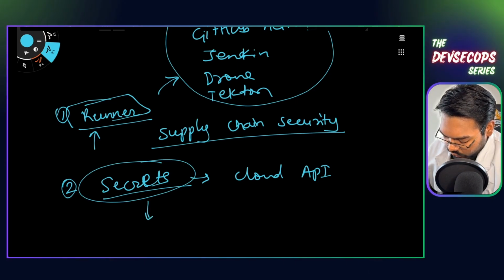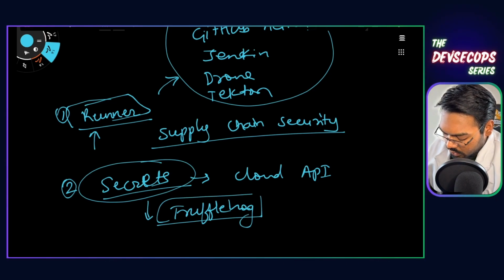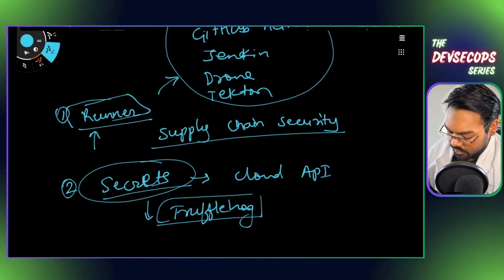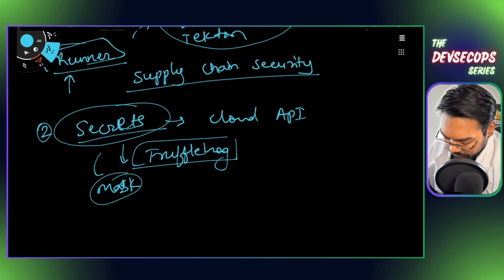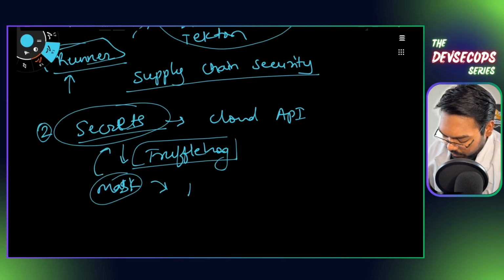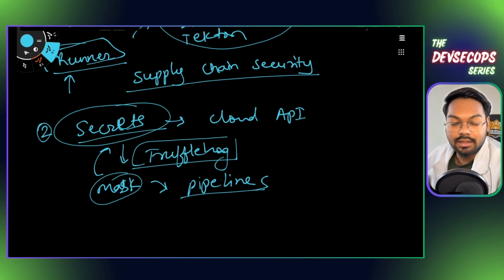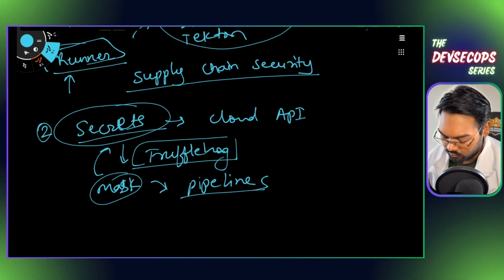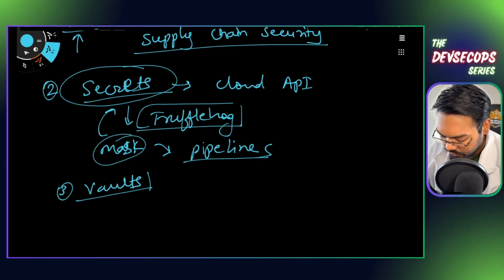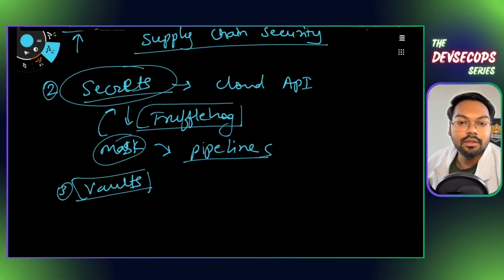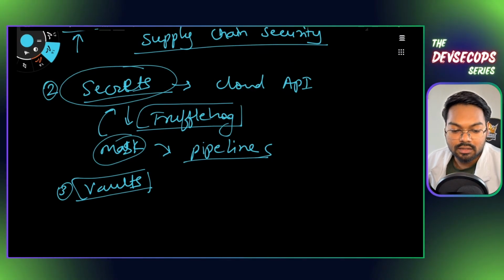So you might use TruffleHog to detect those particular things, and you need to always remember to mask these secrets, so that whenever your pipelines are consuming them, they would not be exposed to the external world. And third thing, you can use vaults to securely transmit your API tokens or whatever you want safely from one place to another place.